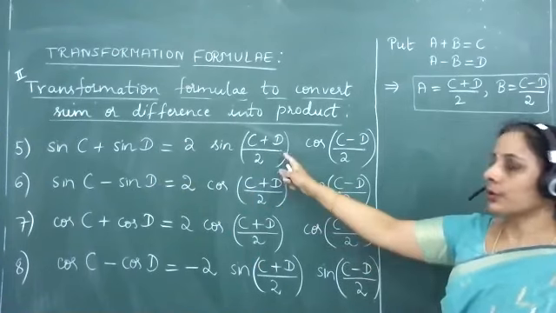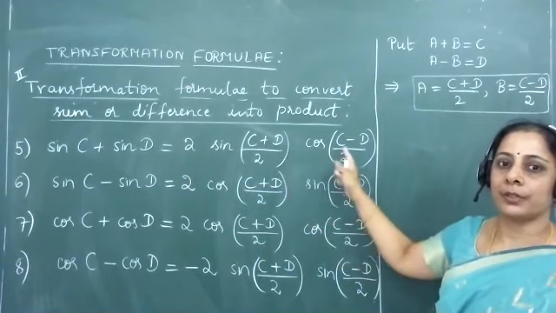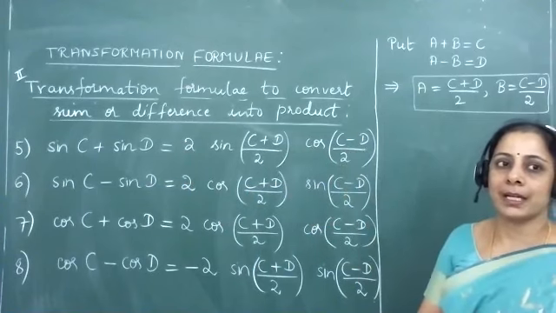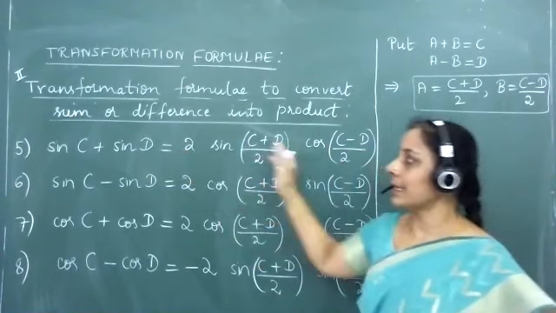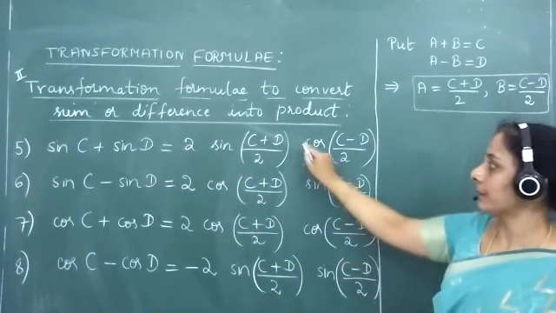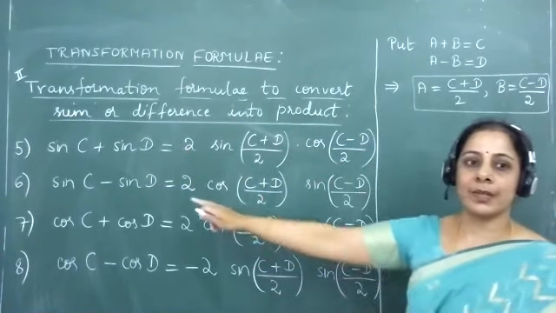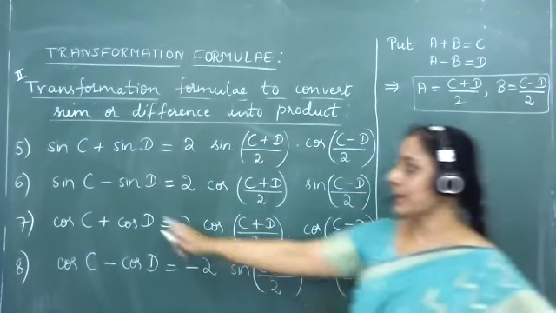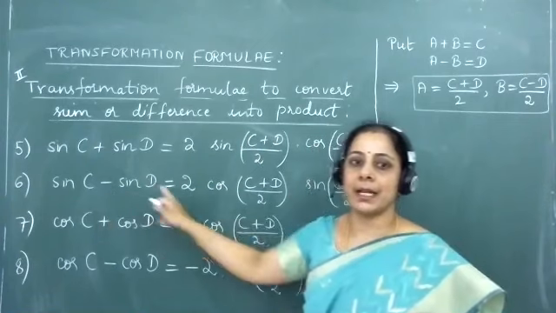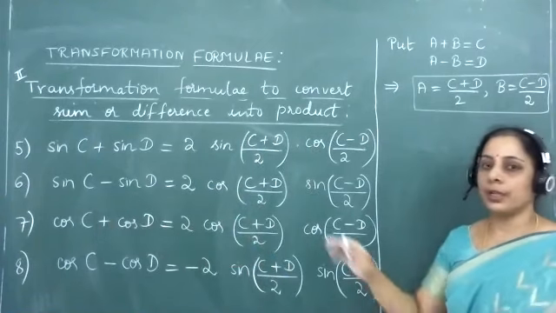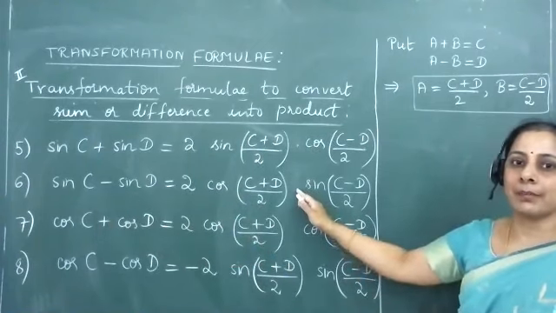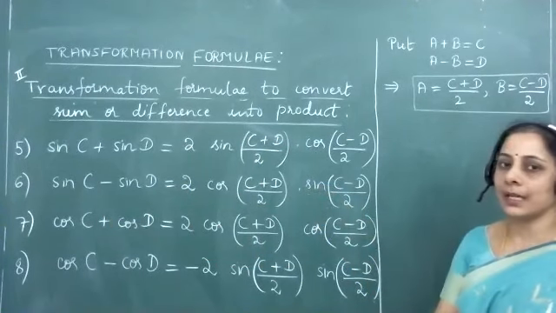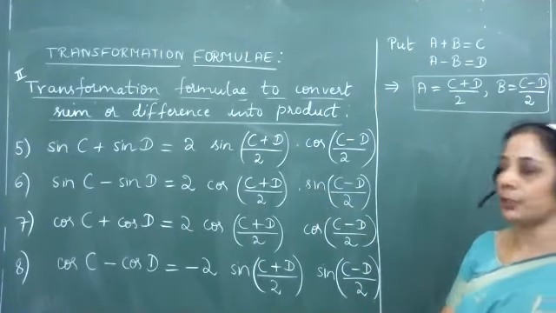So now we have the first in the second set: sin C plus sin D is equal to 2 sin of C plus D by 2 into cos of C minus D by 2. Sum is getting converted into product here. The sixth one, we have difference of two trigonometric functions, sin C minus sin D, which is given by 2 into cos of C plus D by 2 into sin of C minus D by 2.